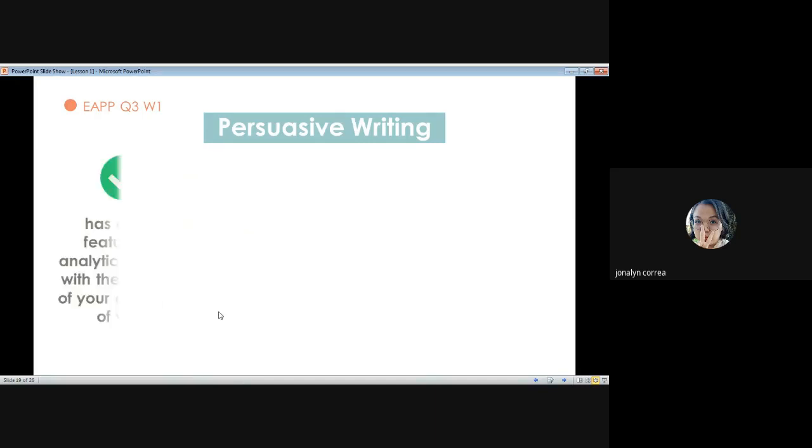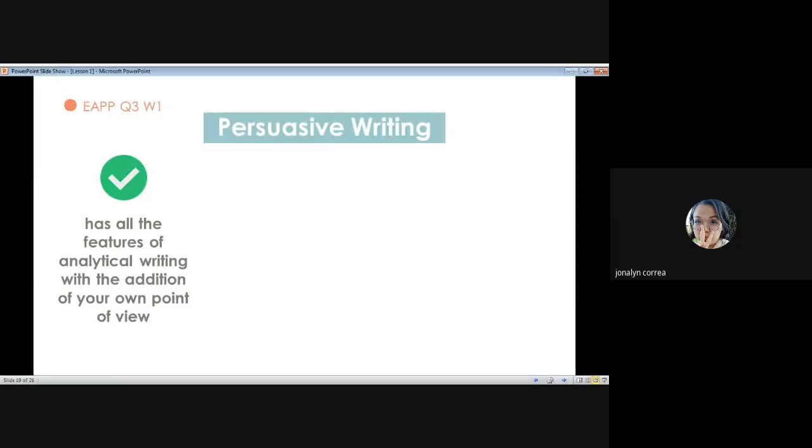So persuasive writing has all the features of analytical writing. So kung ano yung mga pinag-usapan natin about analytical writing, they are part of persuasive writing. Persuasive writing, again, has all the features of analytical writing.